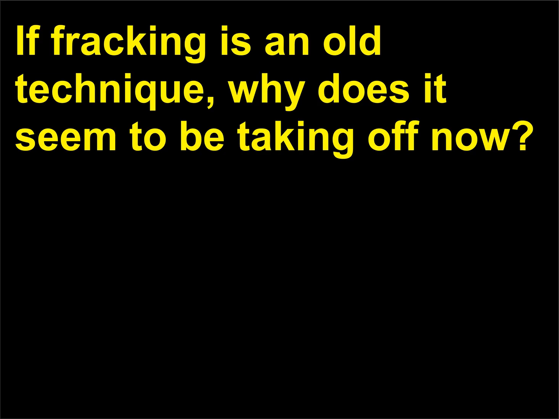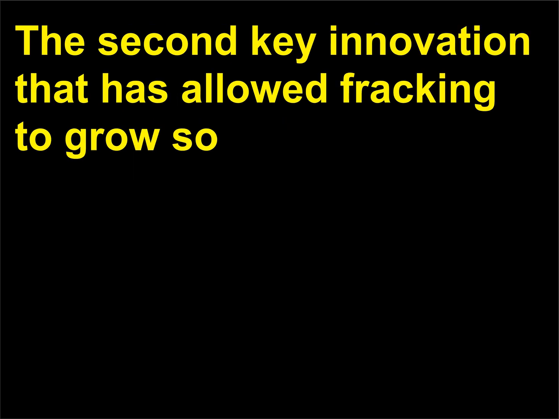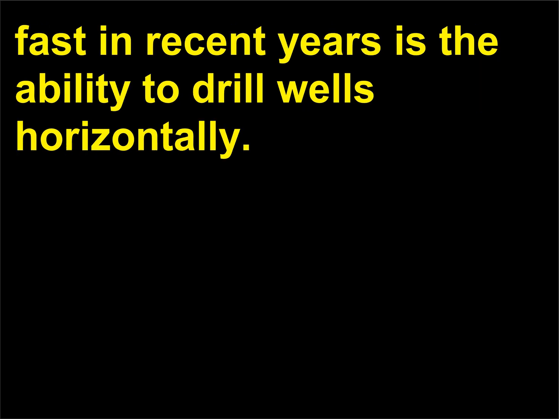If fracking is an old technique, why does it seem to be taking off now? The second key innovation that has allowed fracking to grow so fast in recent years is the ability to drill wells horizontally.